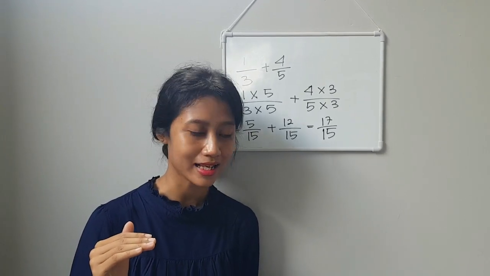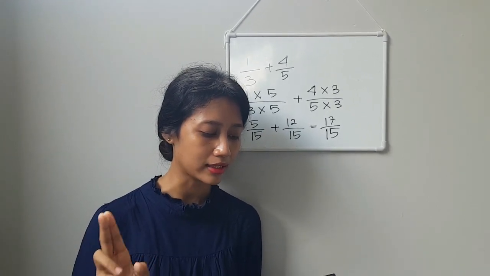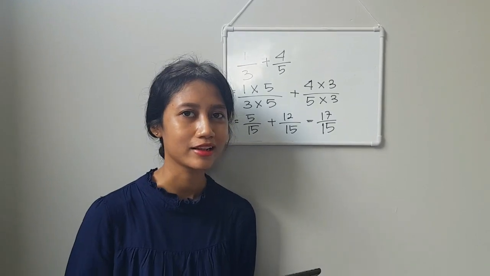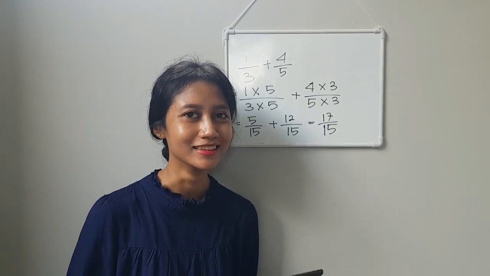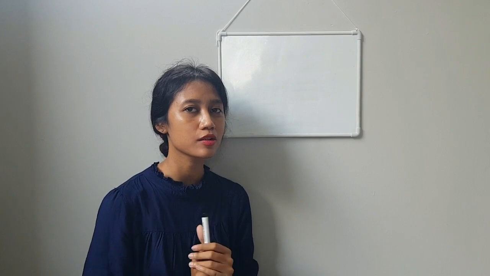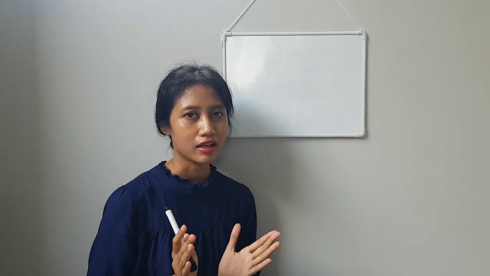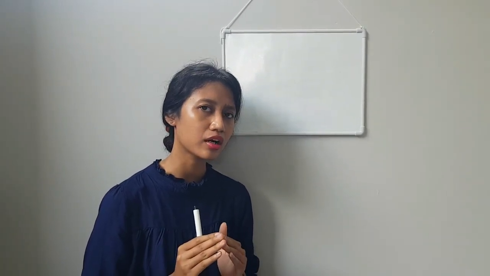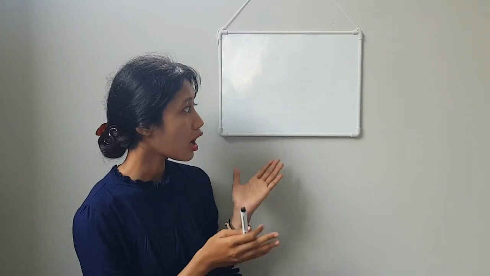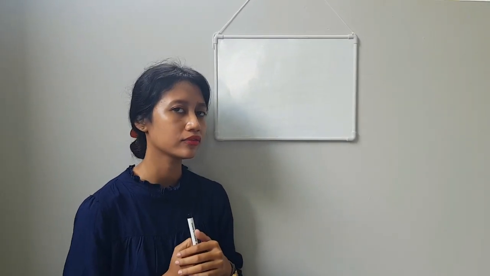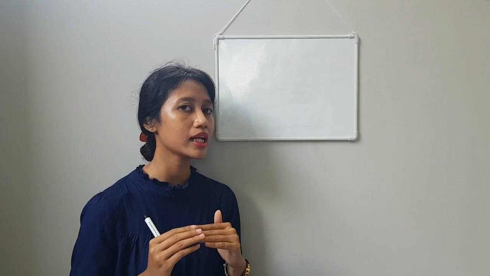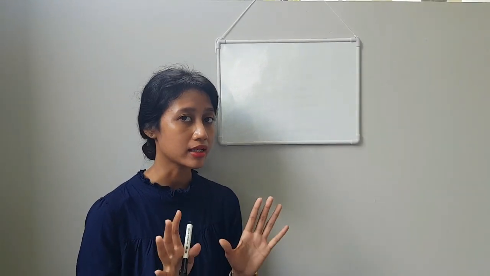And the last is simplify the fraction if you need to. Next topic is about subtracting fractions. It is similar to adding fractions, but the difference is that it is minus.